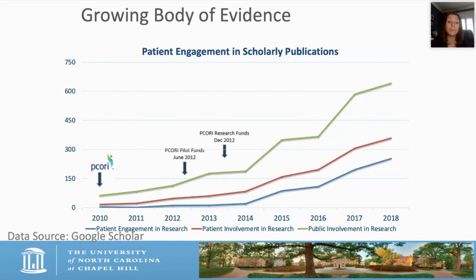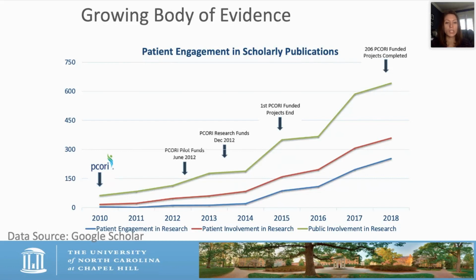But then in 2012, they started funding some patient engagement type of projects, and then the true research funds in December 2012. You can see after the first PCORI funded projects ended in 2015, a real spike. I end this at 2018, but it's continued to climb, with now over 400 PCORI funded projects completed that are related to patient engagement.